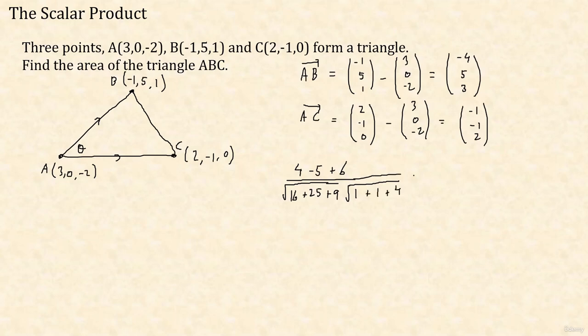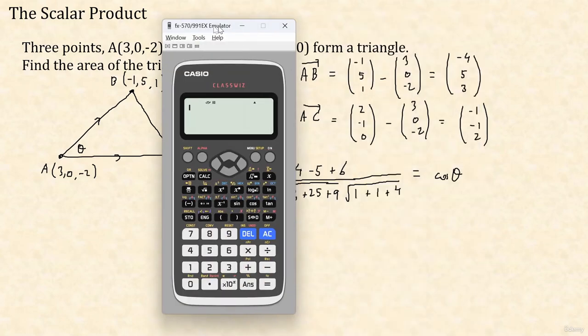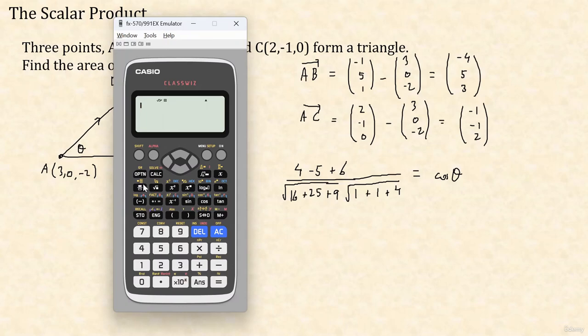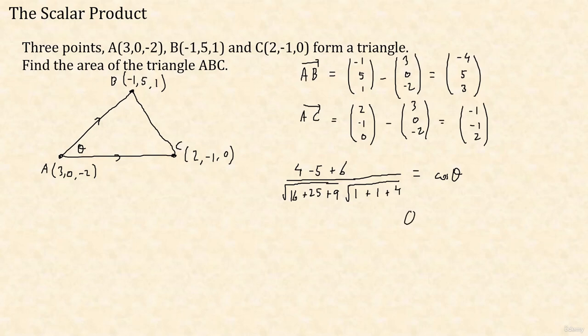And all of that is cos theta. So we just key all of that in. 4 minus 5 plus 6 divided by the square root of 16 plus 25 plus 9 times the square root of 1 plus 1 plus 4. So that's cos theta. And then that means the angle between them is 73.2. So theta is 73.2.